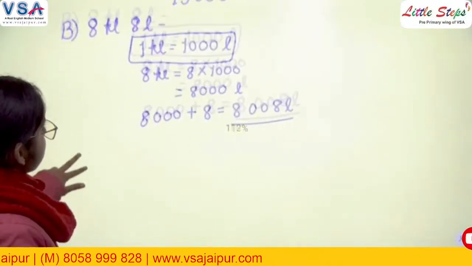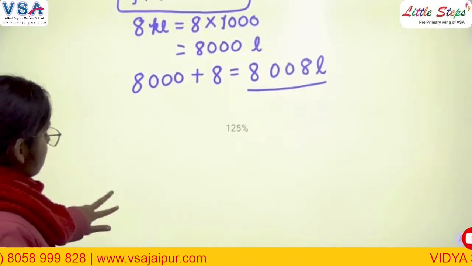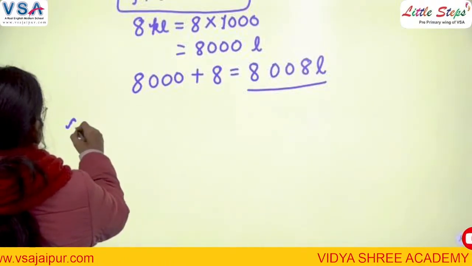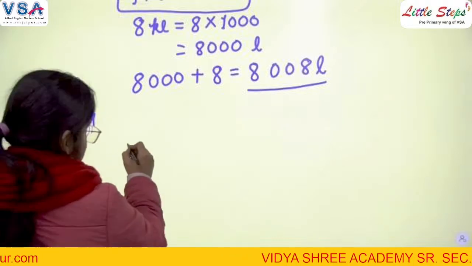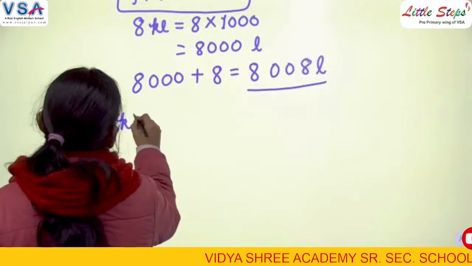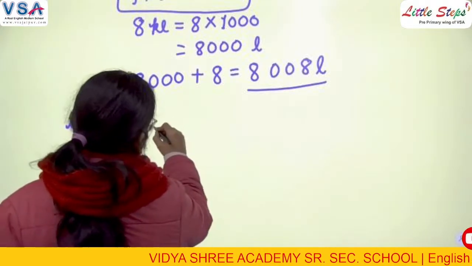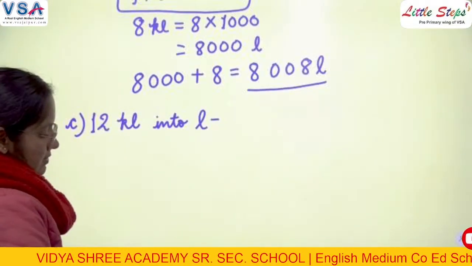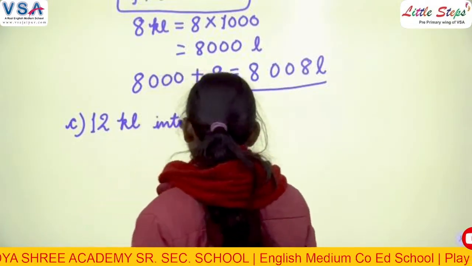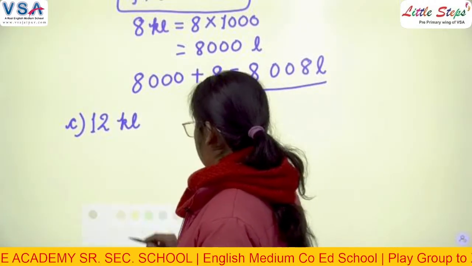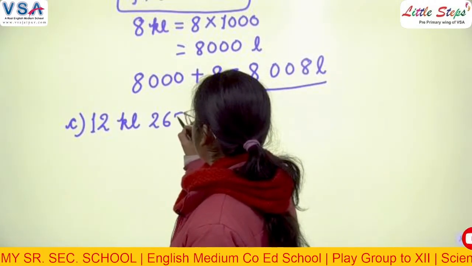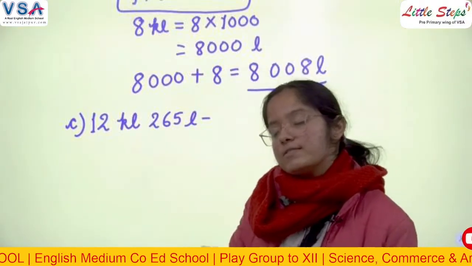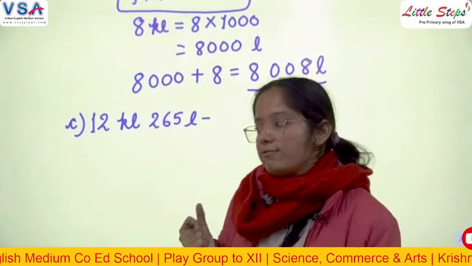Fine, let's move to the next one. The question is 12 kiloliters 265 liters into liters. 12 kiloliters, we will convert it into liters and then we will keep the 265 as it is.